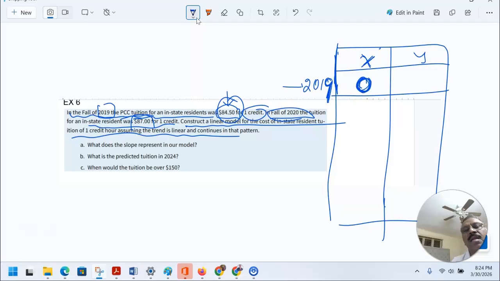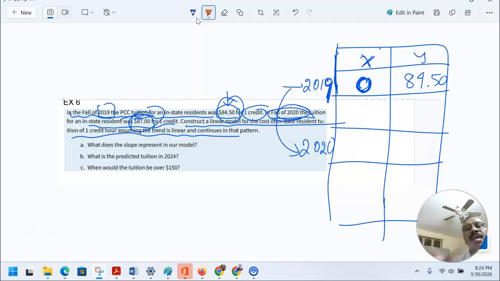So in the beginning, it was $84.50. But in the year 2020, so let me put it here, this one went up. That means 1 year since. So from 2019 to 2020 is 1 year. So I'm going to put 1 year, the fee was 87.50.